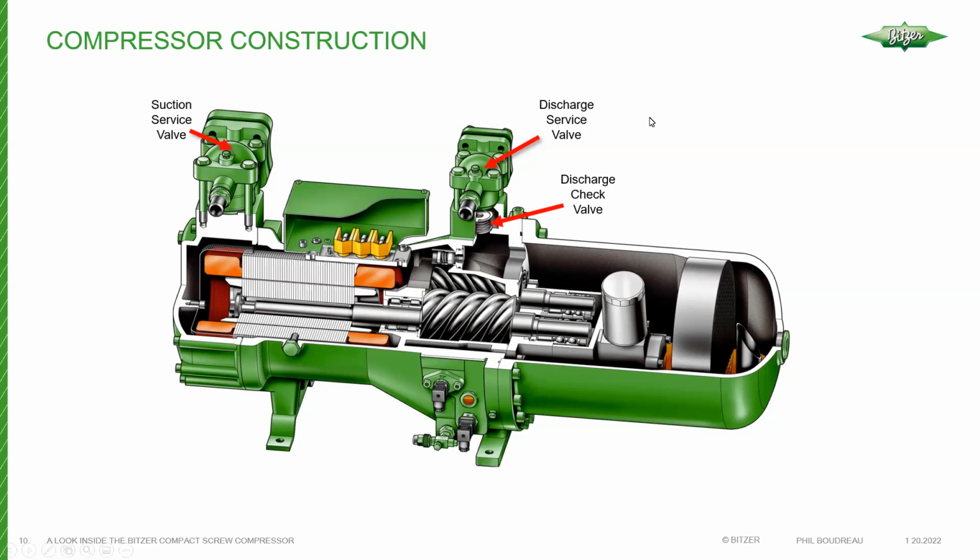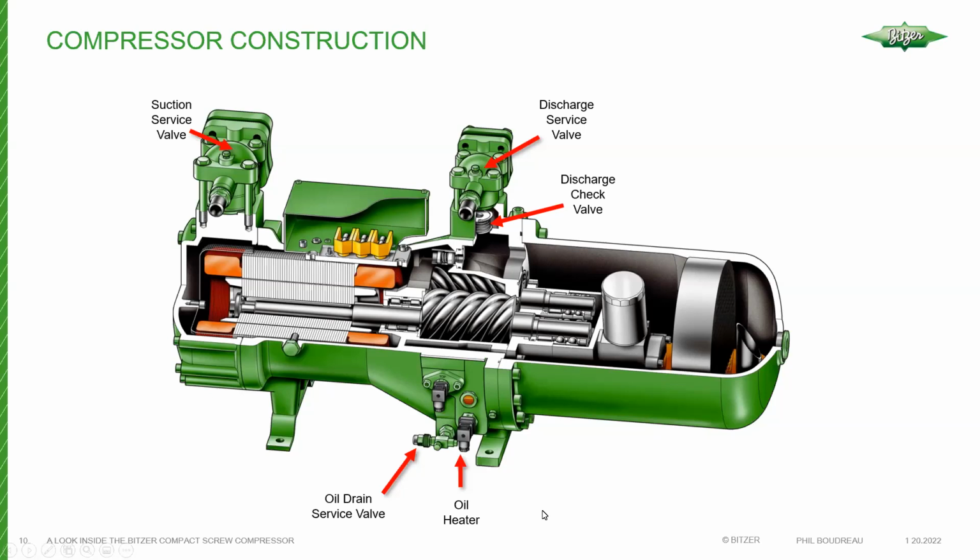So without the check valve, everything would equalize. So essentially high side refrigerant would continue to travel back towards the suction line until the pressures equalize. So we don't want to have that, hence the purpose of the check valve there, or the reason for it.